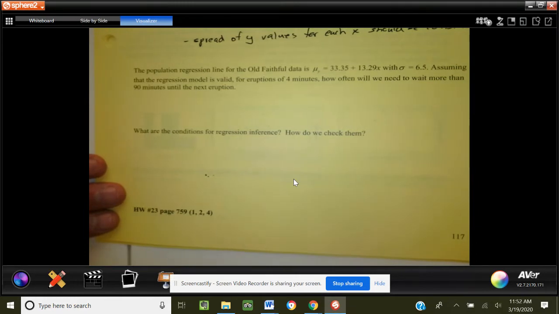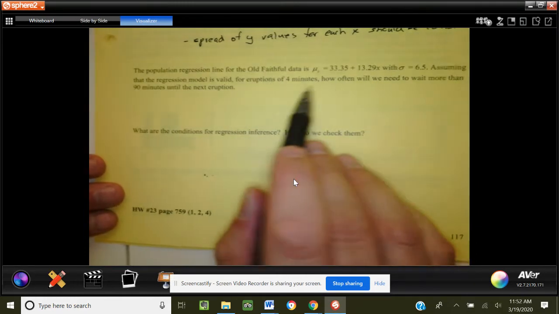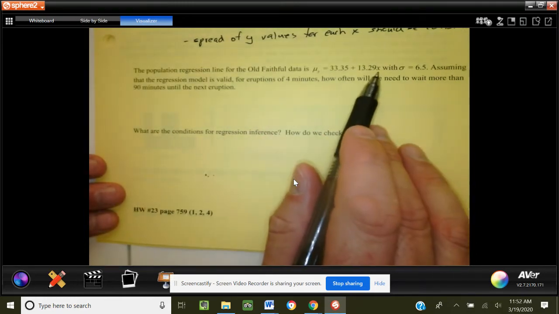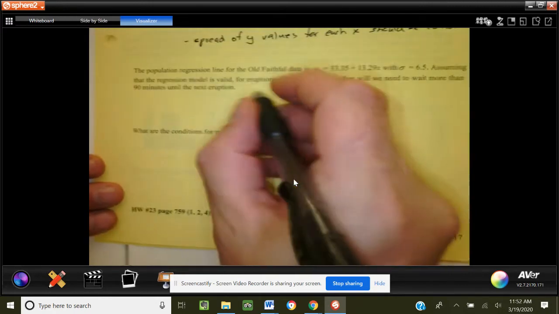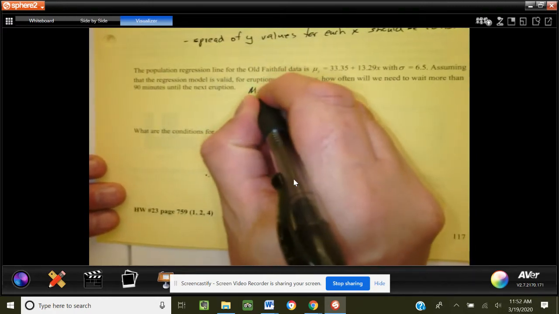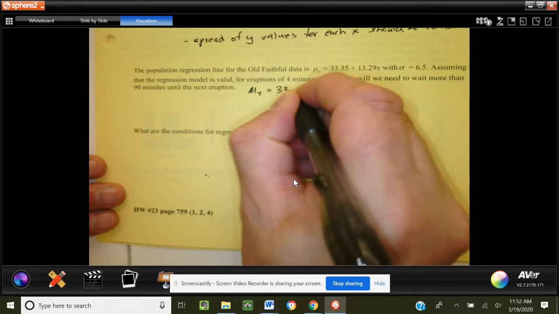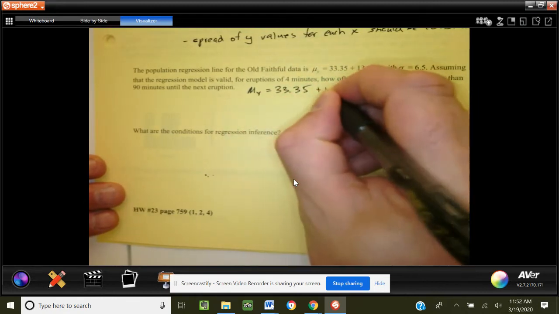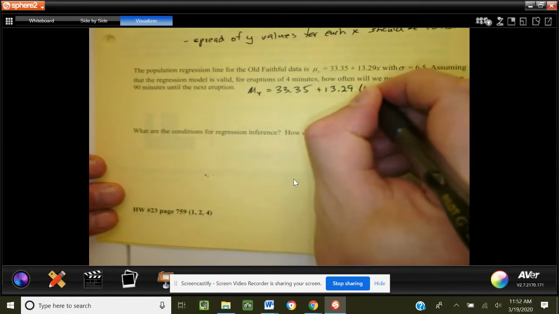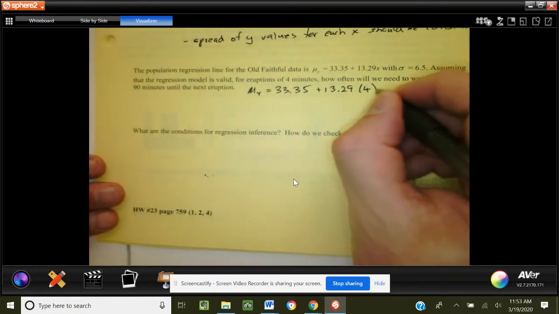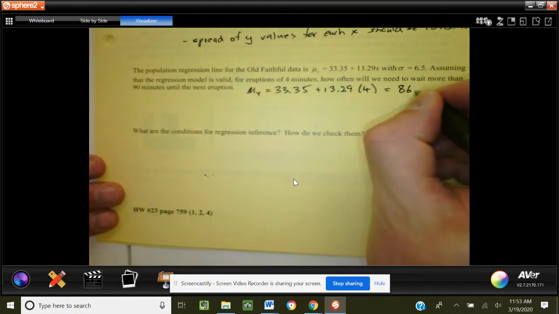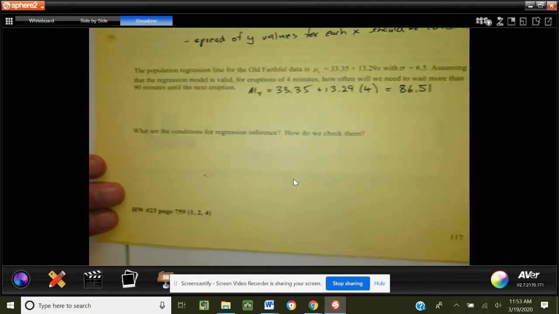So what is the probability that we'll need to wait more than 90 minutes until the next eruption? So if we first plug 4 in for x, for duration, into the equation, we get mu y equals 33.35 plus 13.29 times 4. Let me do the math real quick in my head. Okay, 86.51. All right.